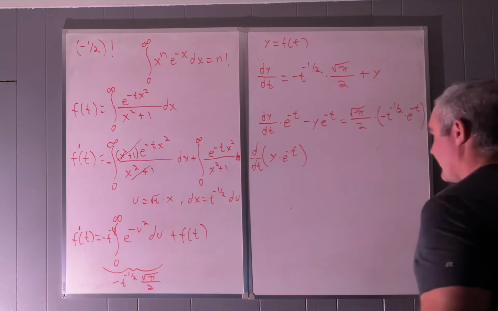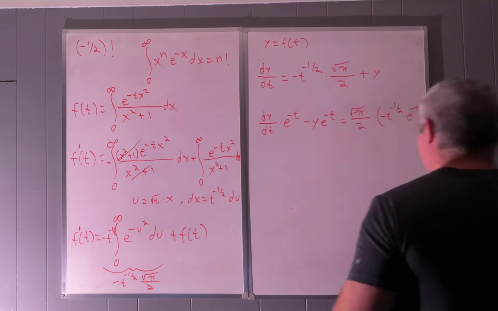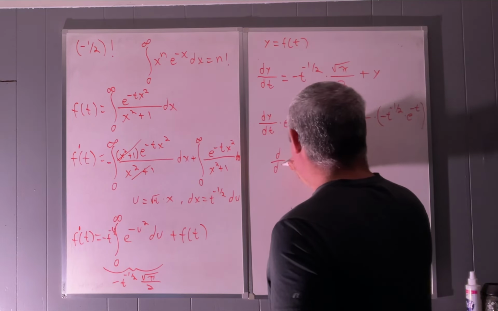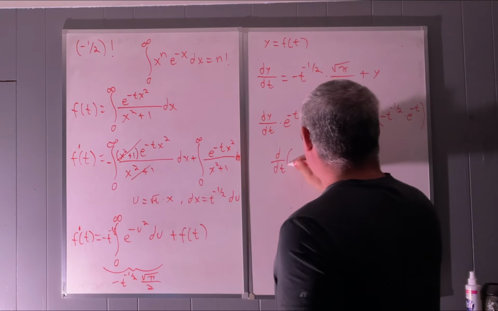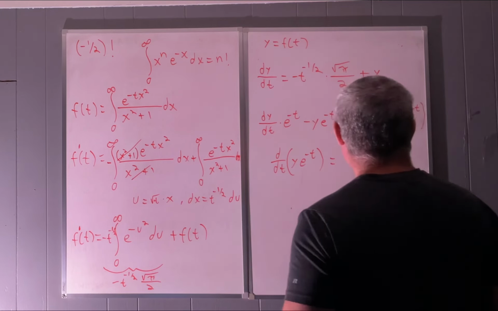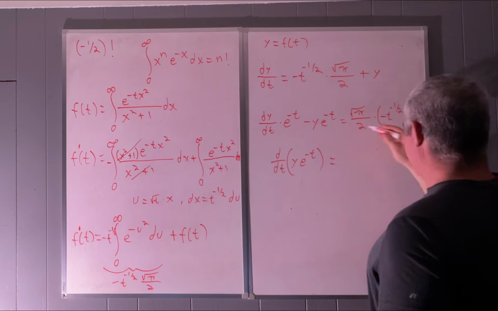And actually, I'm going to rewrite that a little bit further over. So we have d dt of y e to the negative t is equal to this.